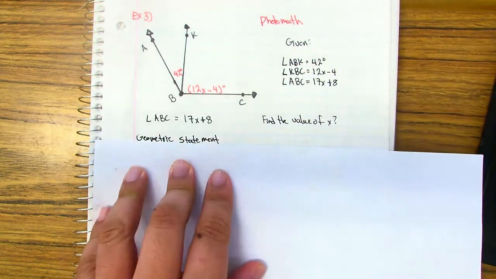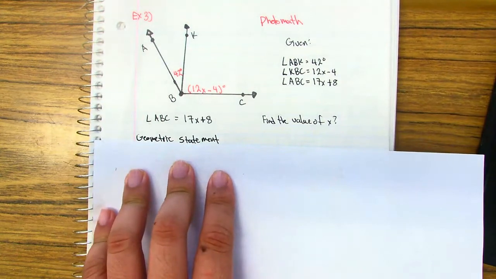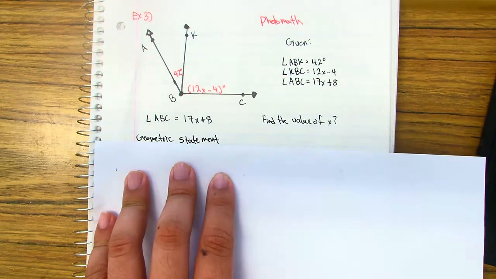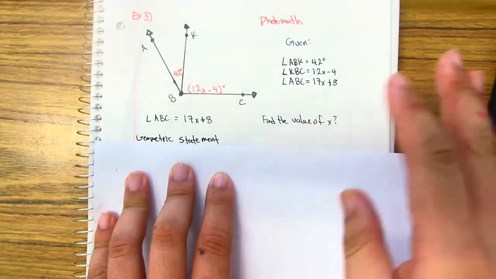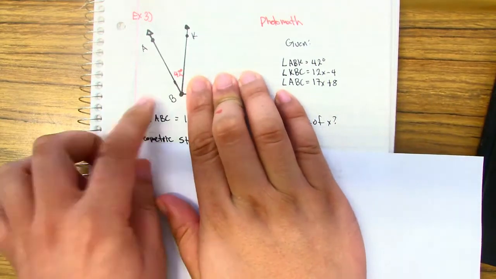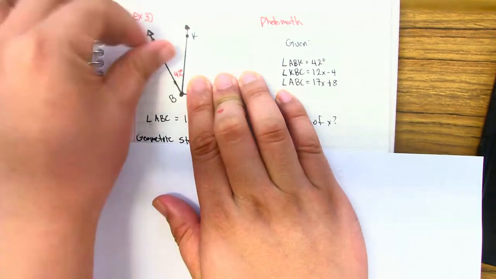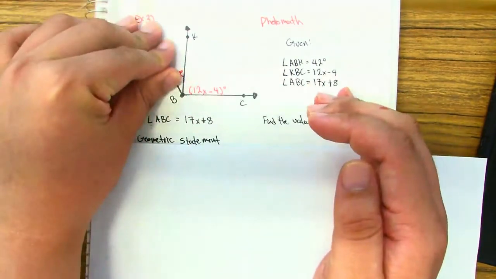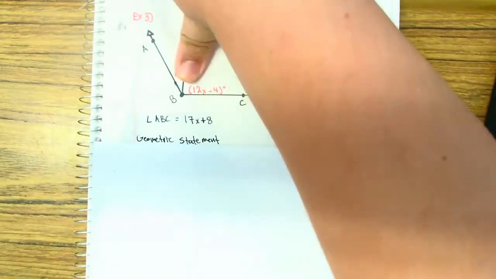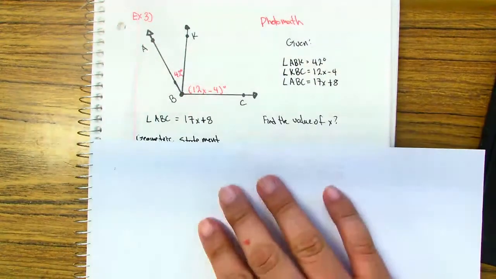Let's try to do that. The first step is, there's a lot of things going on, so you need to always go back to the basics and write down our geometric equation. Our geometric statement is that we're going to add one angle, angle ABK, plus angle KBC, which equals the total angle, angle ABC, using the angle addition postulate.